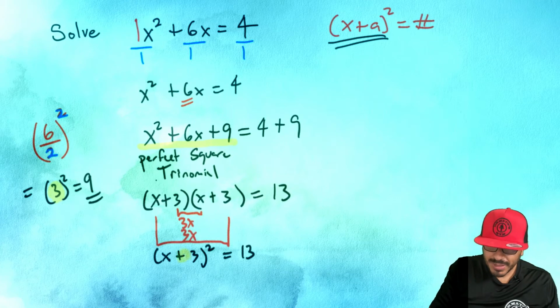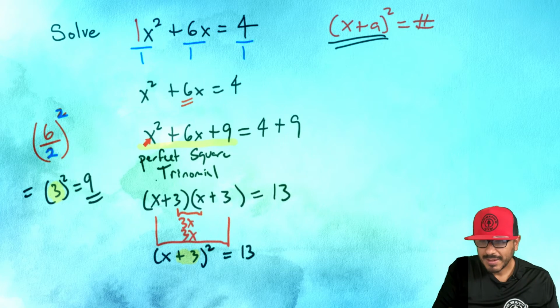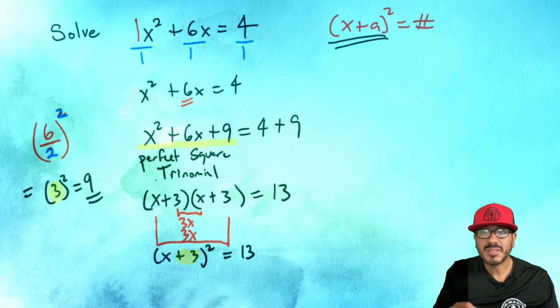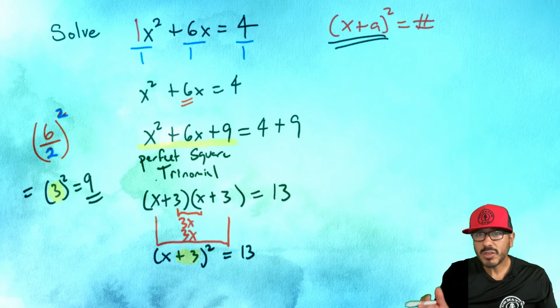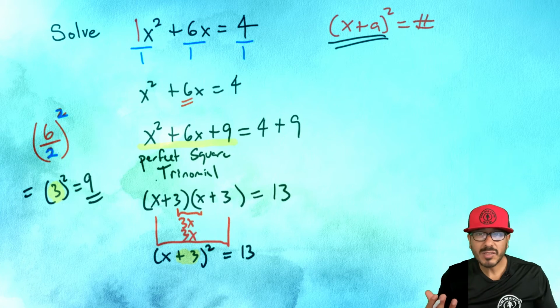This plus 3, if I were having trouble factoring this, you shouldn't, because you could just take the square root of 9. But if you were having trouble factoring this, I could just go over here, take that number, since it's positive 3, bam, and there you go, plus 3. So a little shortcut for the future, because later on you might end up with fractions, and this will save you some time.